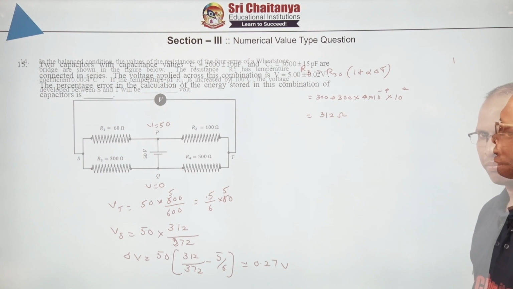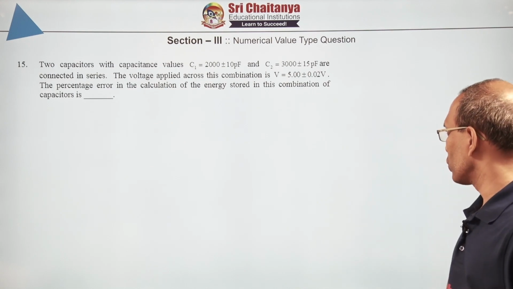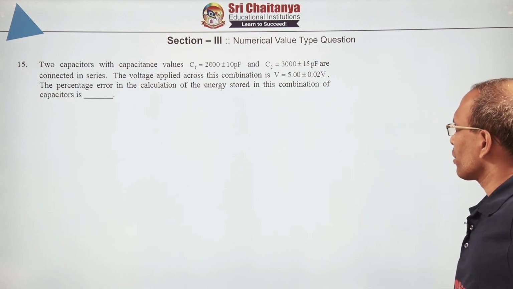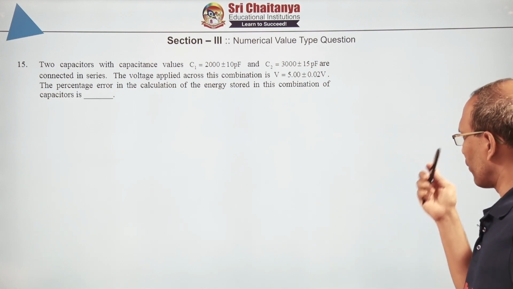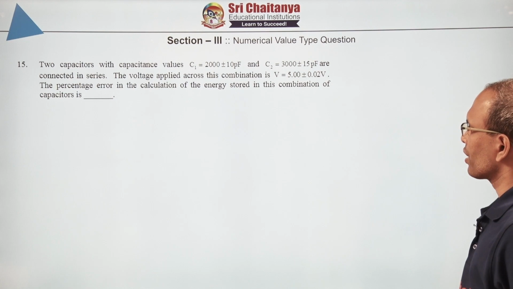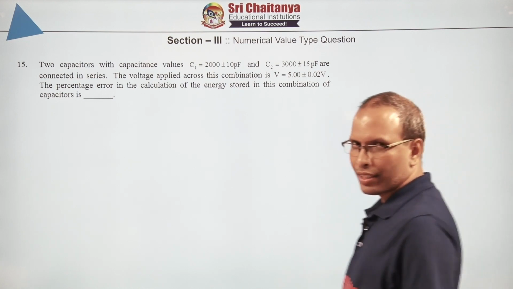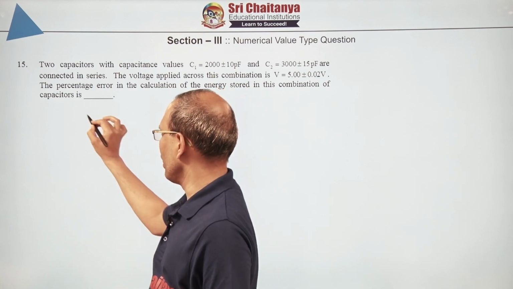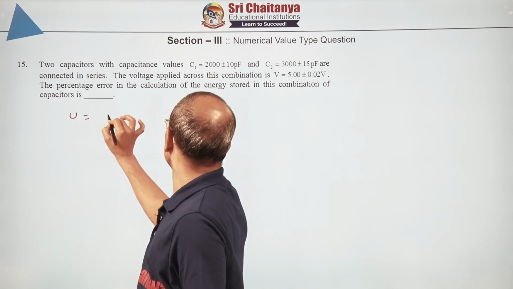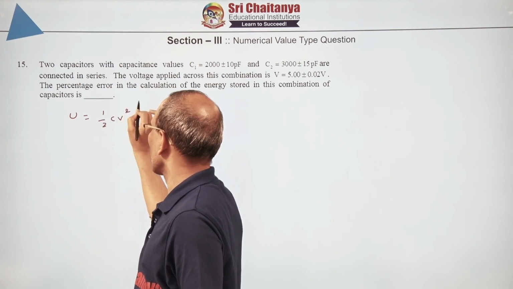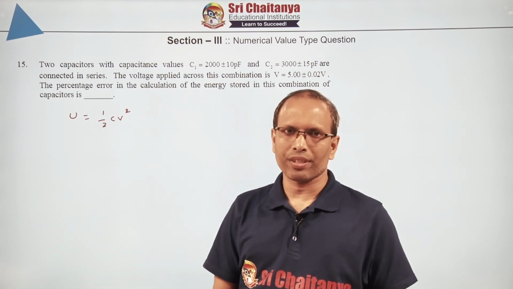Now 15. Two capacitors with capacitance values C1 and C2 are connected in series. The voltage applied across this combination is also V, with some error. Then what is the percentage error in the calculation of energy stored in this combination? The energy stored in the capacitor is given by U equal to half C V square. Now we want to calculate the percentage error.